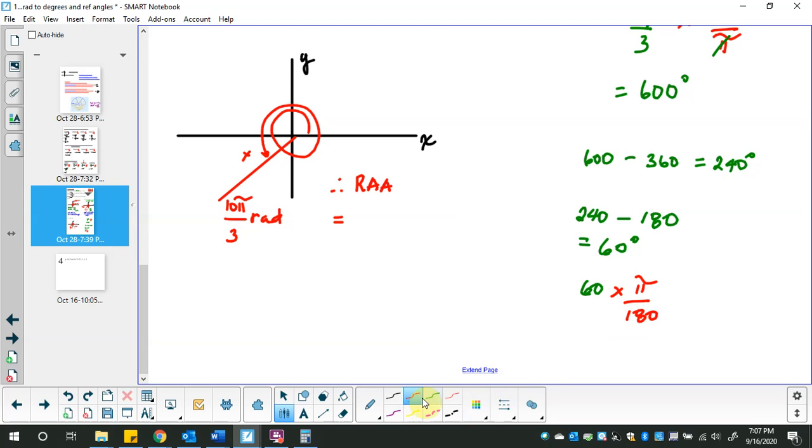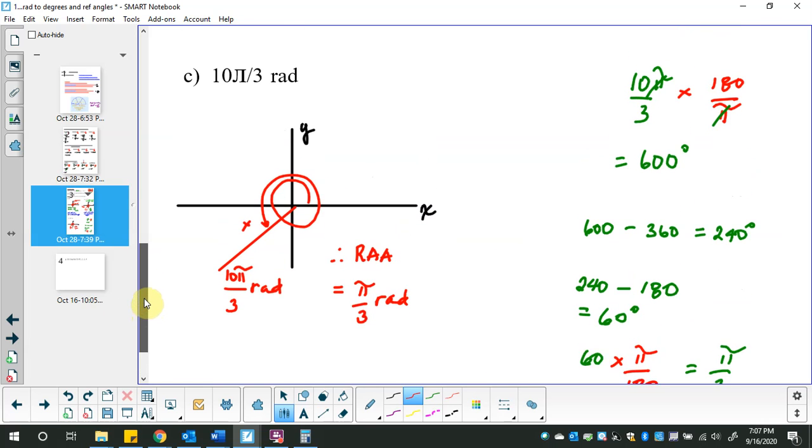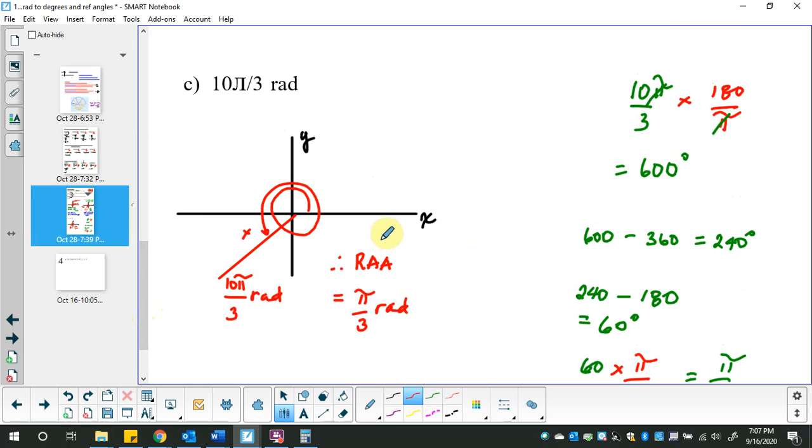And get yourself, chop off a 0, divide by 6, divide by 6, pi over 3 radians. Now, how did I know that that was okay? Well, 60 is acute, so pi over 3 is going to be acute when you turn it into radians. So all this stuff is for your benefit or my benefit, and there's our picture answer.